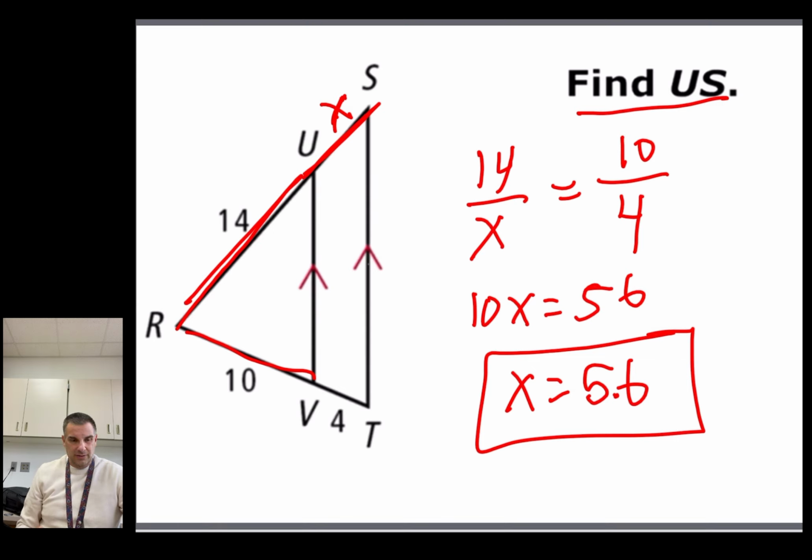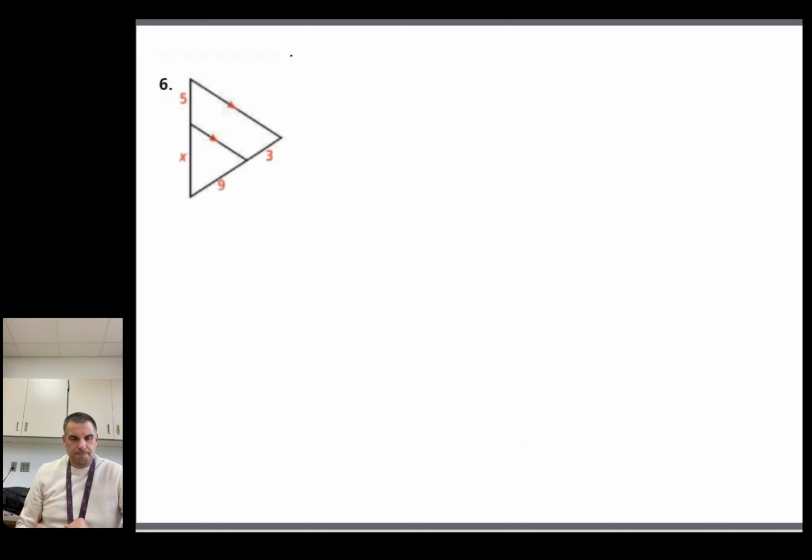Okay, let's look at another one. In this case, why don't you pause for a second here, see if you can find the value of x. Okay, so I'm going to just go from the point. So x over 5 equals 9 over 3.